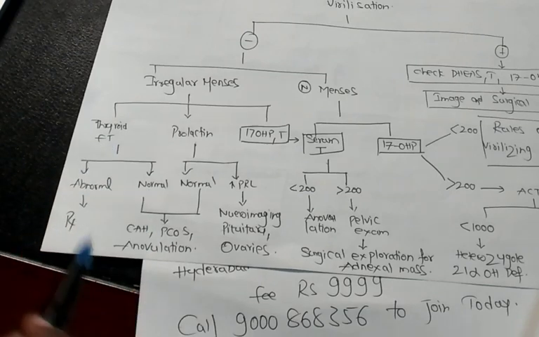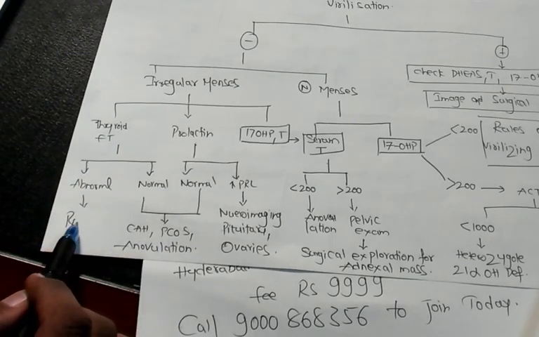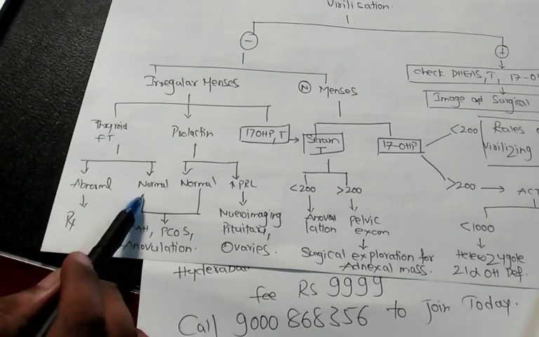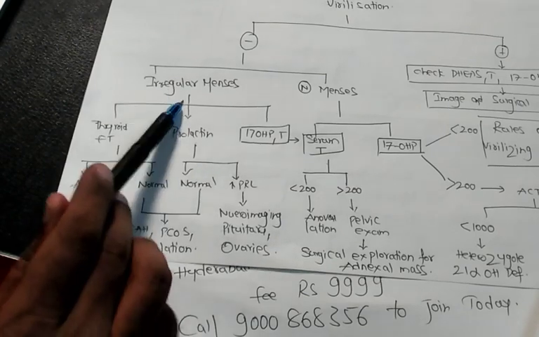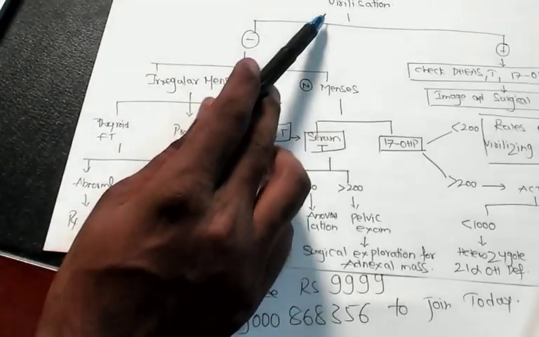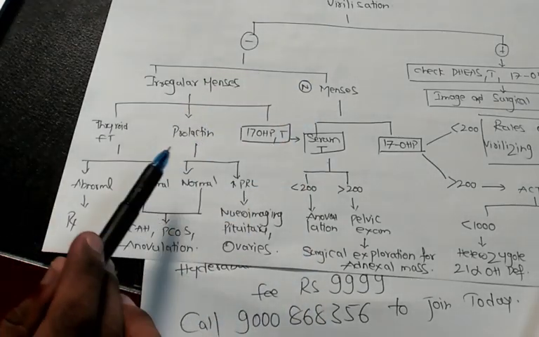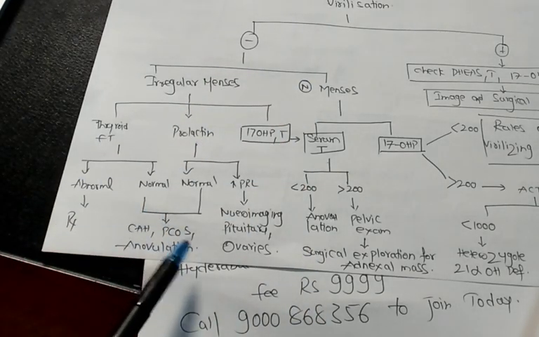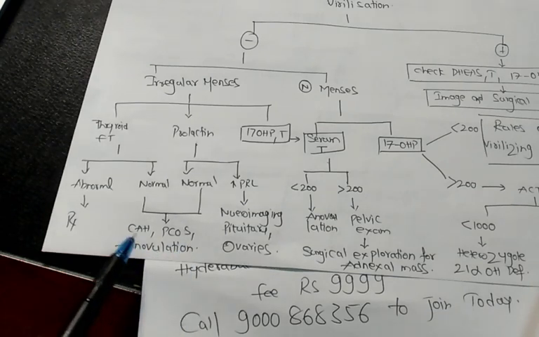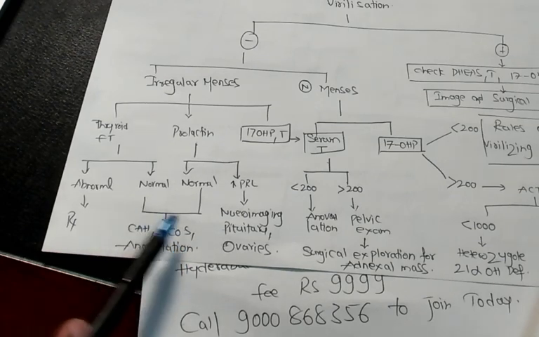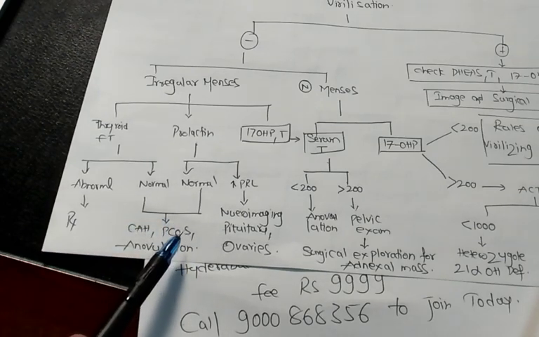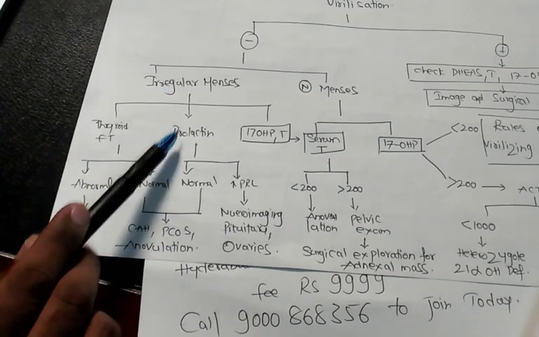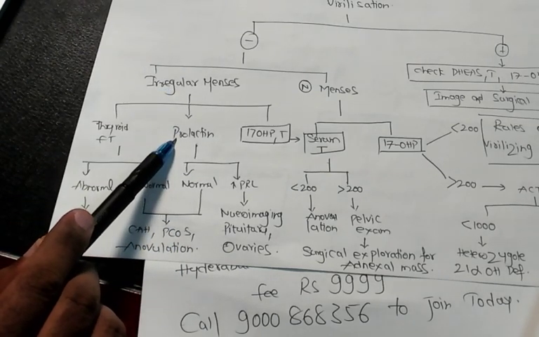Now, suppose thyroid function tests are normal, let us say. Then the possibility is there are irregular menses, no signs of virilization, but thyroid function tests are normal. You should look for polycystic ovarian syndrome or congenital adrenal hyperplasia or anovulation. Any of them are responsible. Similarly, when irregular menses are there, also get a prolactin profile.